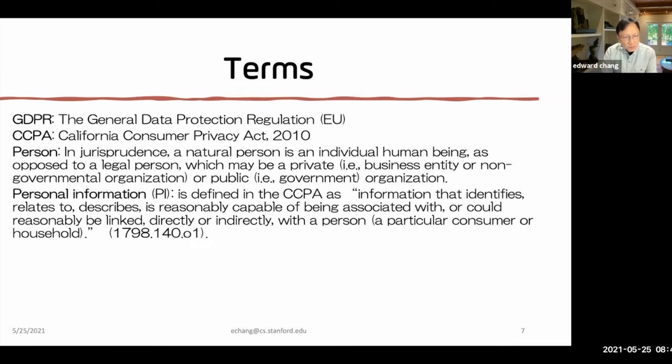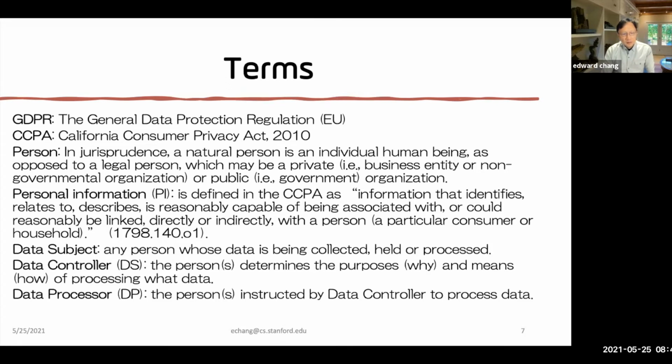Personal information is defined as information that identifies, relates to, describes, or is reasonably capable of being associated with a real person. This kind of personal information could include my address, IDs, and several other things. We'll talk more about it in later slides. And then to store and manage the data, we divide the people into two or three categories.